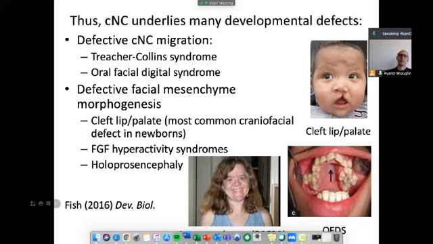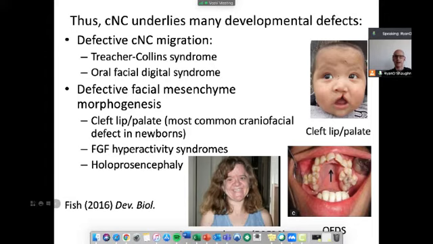So, as I alluded to earlier, the cranial neural crest cells and their inability to migrate or form the correct tissues underlie many facial developmental defects. So if you have defective cranial neural crest cell migration, we get two diseases called Treacher-Collins syndrome and oral facial syndrome.